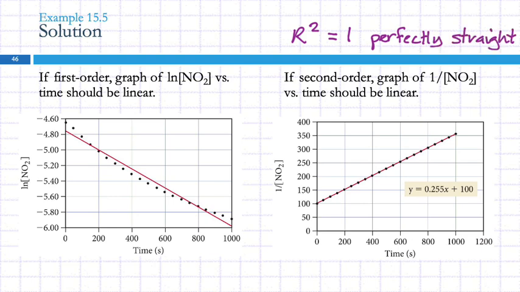Does that happen in our data? Not so much. On the day when that happens, you go buy a lottery ticket because you got really lucky. It's a lot more common to have R squareds of like 0.999 something or 0.95 or something. If you get less than 0.9, that's not a line, unless you just got really, really messy data. Then you should just try doing it again.